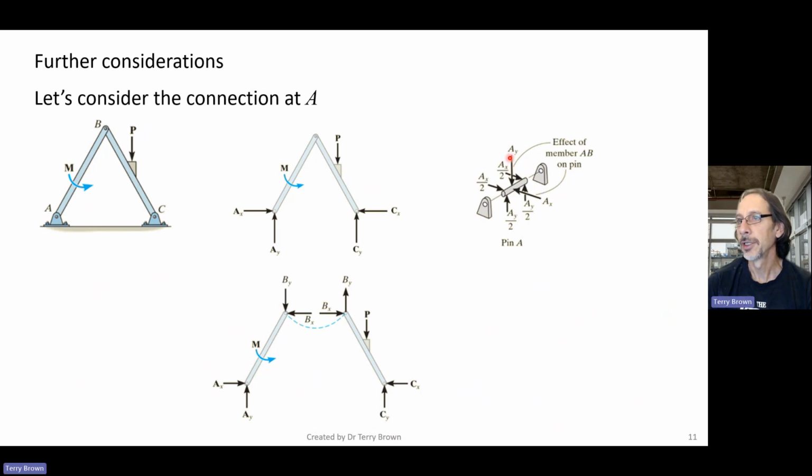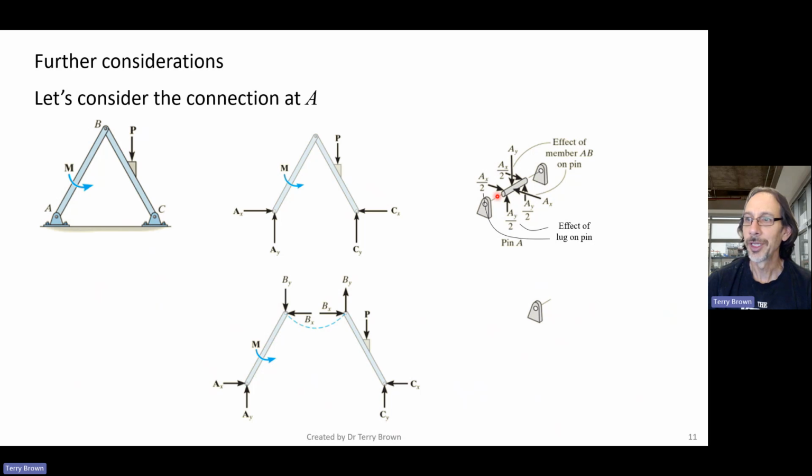So this load AY and AX is shared between the two sides of the frame member on the pin. Assume that they're distributed equally, so half on each side. That's the free body diagram of the pin, and these forces are the forces that this lug, or this side of the clevis, exerts on the pin.